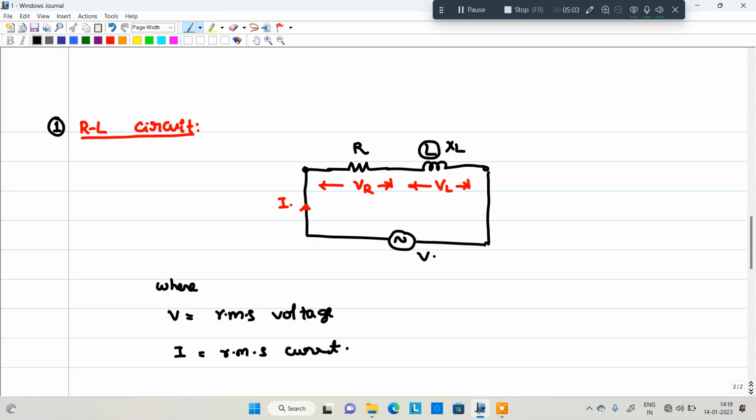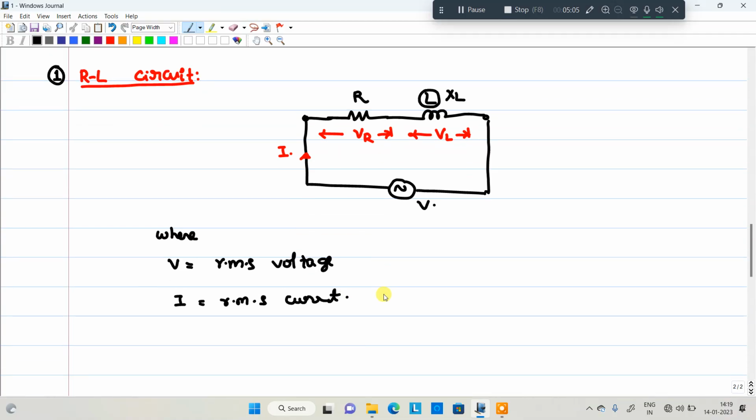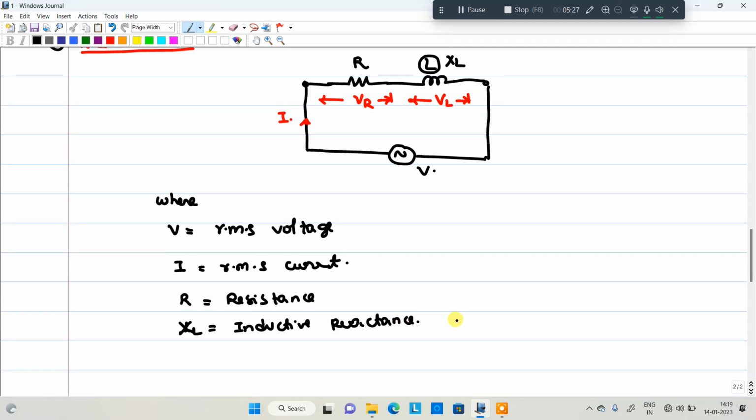You know what is meant by RMS and average value from the previous discussion. Next, R is the resistance and XL is the inductive reactance.